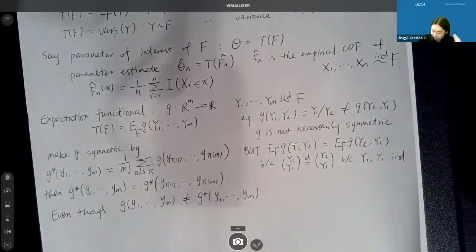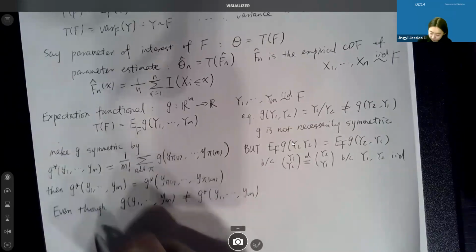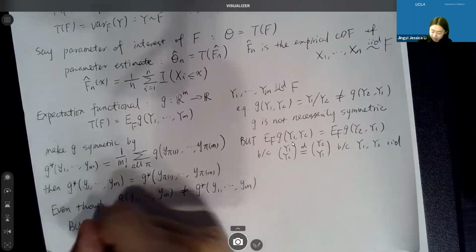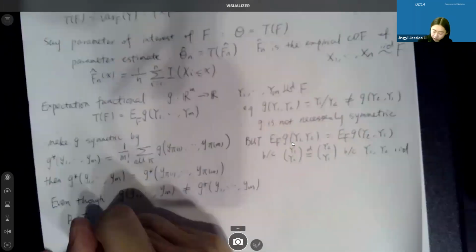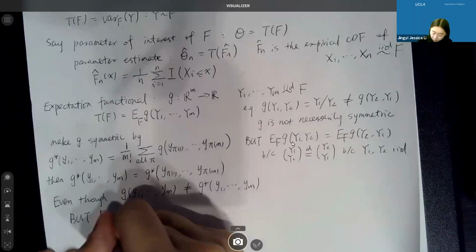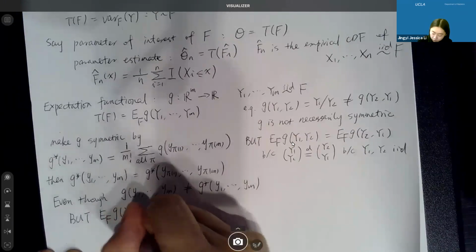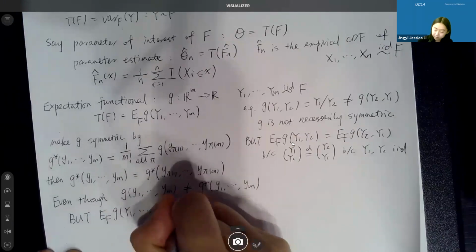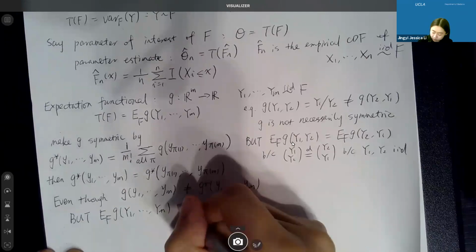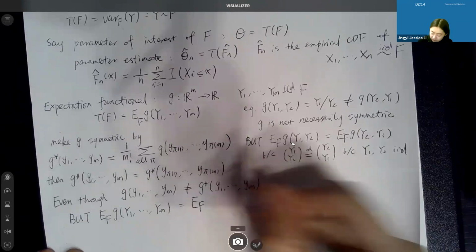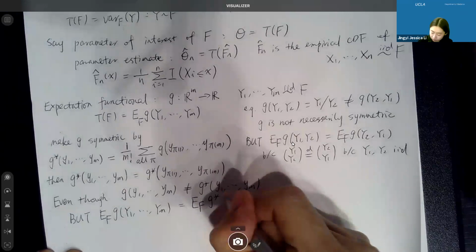But on the expectation level, the two things are the same. The expectation of G with the capital Y1 to Ym following F would equal the expectation of G star Y1 to Ym.